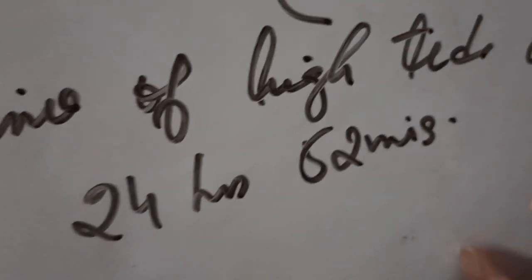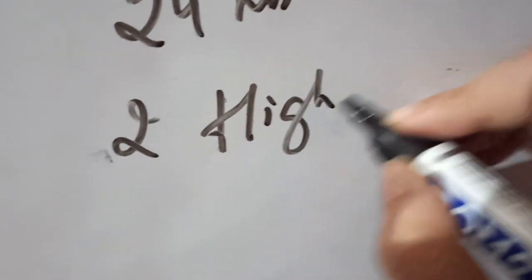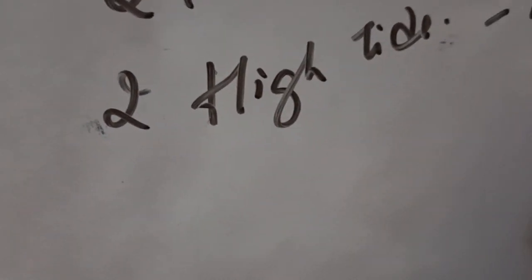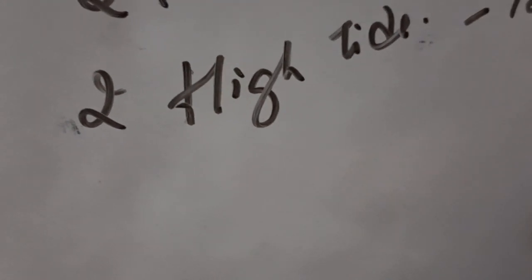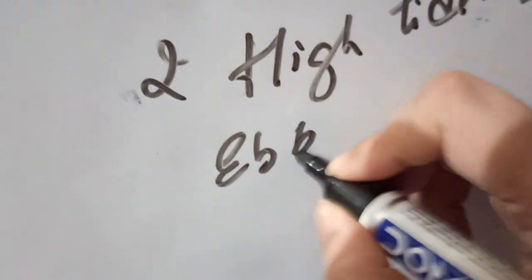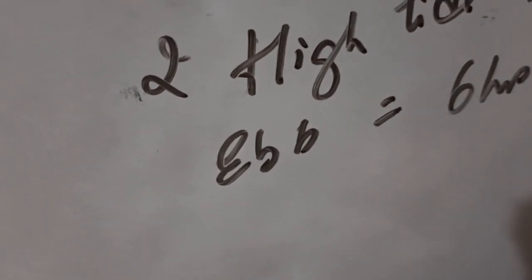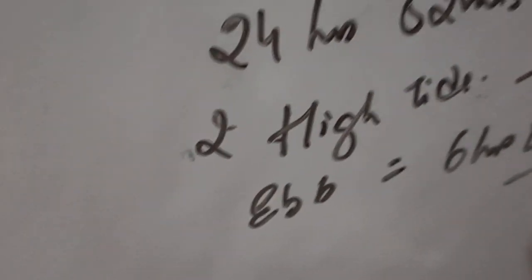Thus, the interval between the two high tides is about 12 hours 26 minutes, and the ebb tide comes nearly 6 hours and 13 minutes after the high tides.